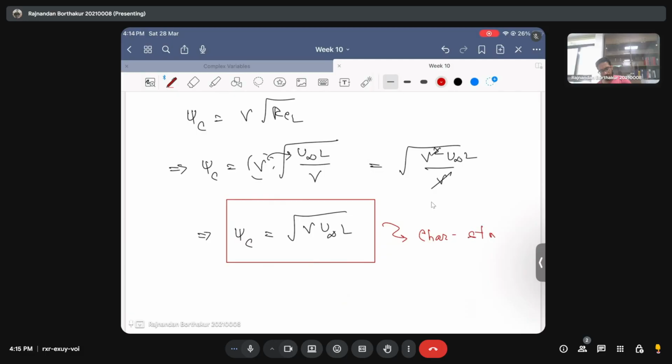So you can figure out that while you are deriving the Blasius solution, this precisely is the characteristic stream function that you considered in your result.